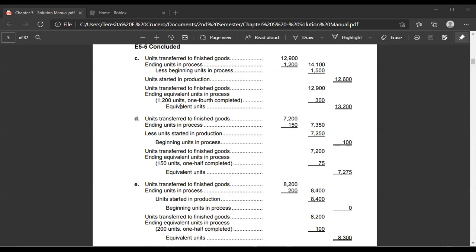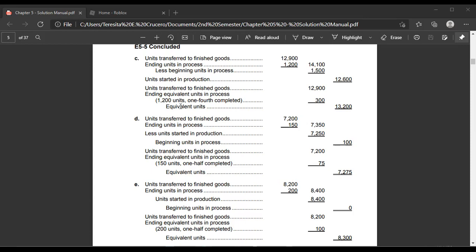Where you deduct here 8,400 is the just started, meaning you have no beginning inventory. So the equivalent units transferred or completed 8,200. Then the ending inventory of 200 units times 1/2 is 100. So the equivalent units is 8,300.